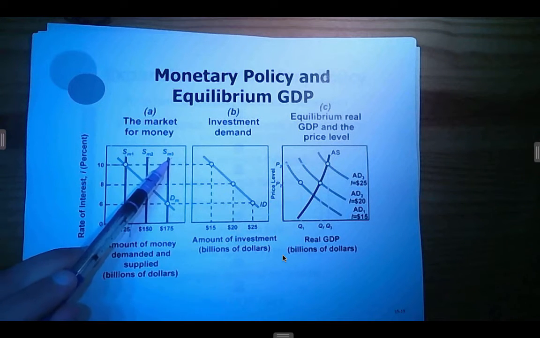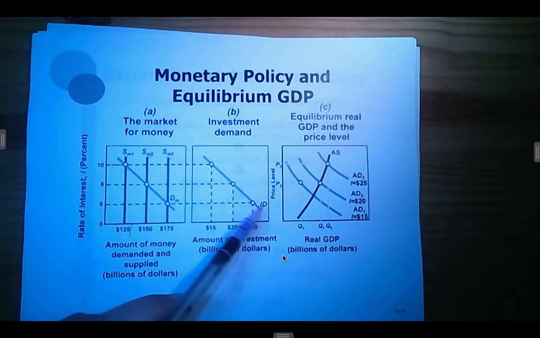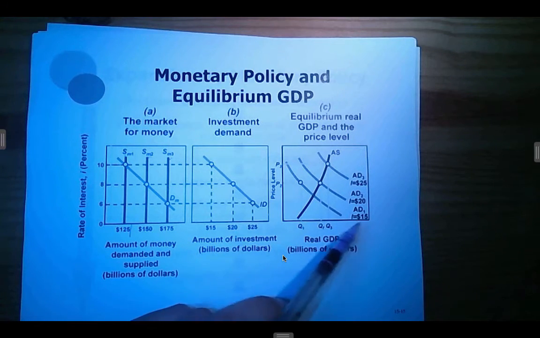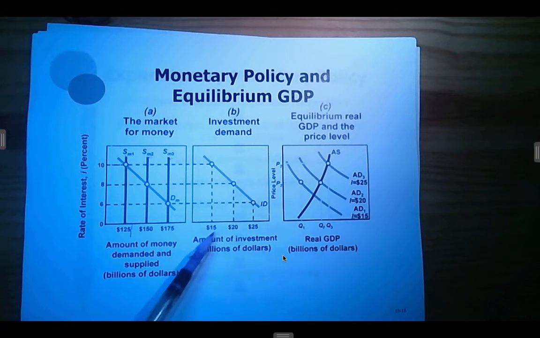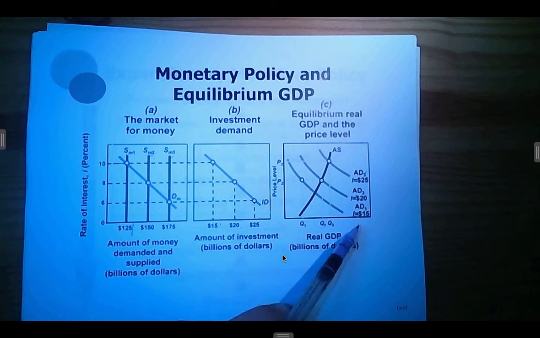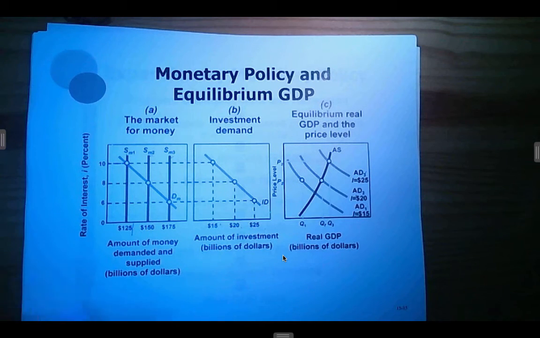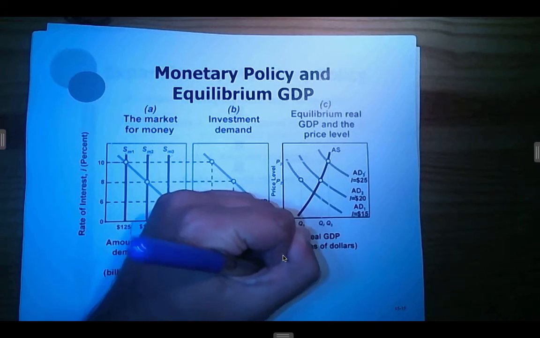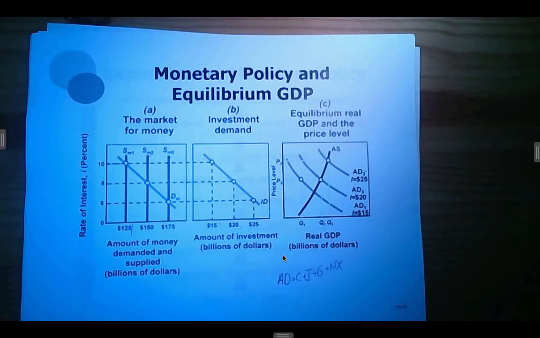Each of these vertical lines representing a different amount of money supply, which gives me my investment demand curve, ID, which if I then apply it to the different investment levels, 15, 20, 25, my AD curve is going to the right the more investment exists. And that should make sense because AD equals C and I and G and NX.